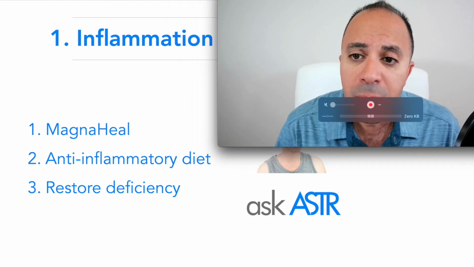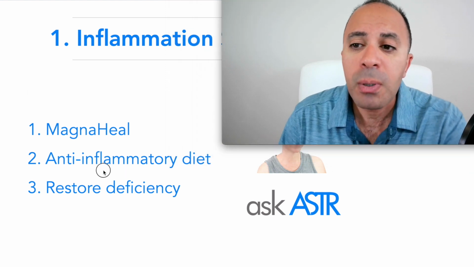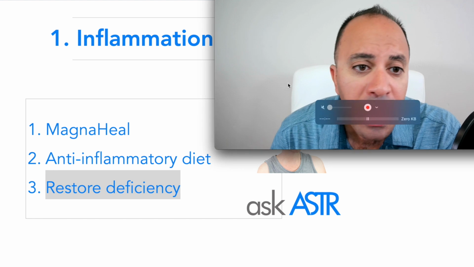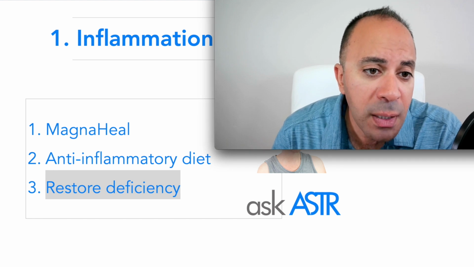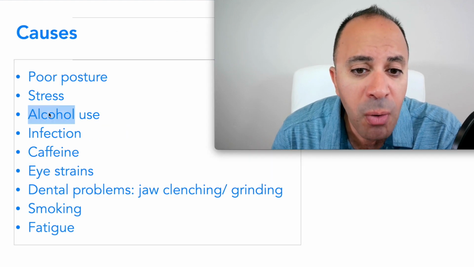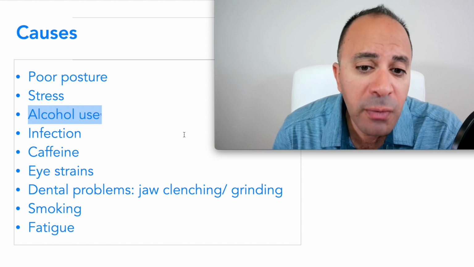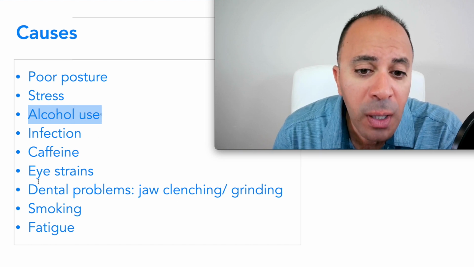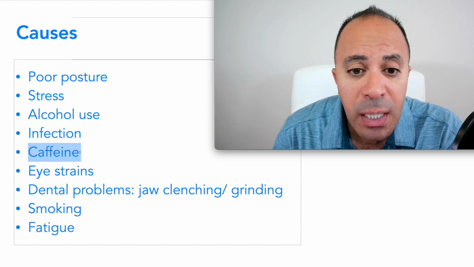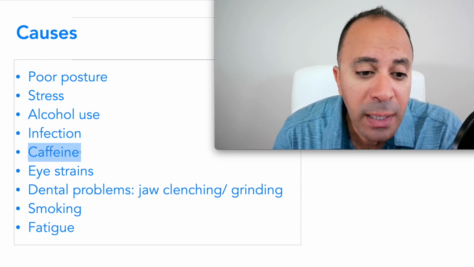If someone has really severe inflammation, we put them on an anti-inflammatory diet. And as you see here from the causes, this is what you need to avoid at home. Alcohol is a trigger, and part of the anti-inflammatory diet is avoiding alcohol. Caffeine is a trigger, so those are part of the anti-inflammatory diet.